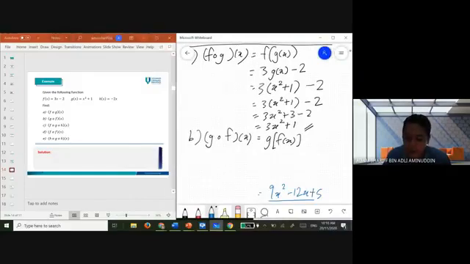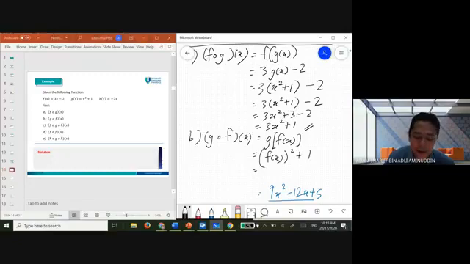Okay, let me check whether they are correct. I hope they are correct. G berapa? G ialah x kuasa 2 tambah 1. So if FX becomes the input, it means that the whole FX will be squared plus 1.